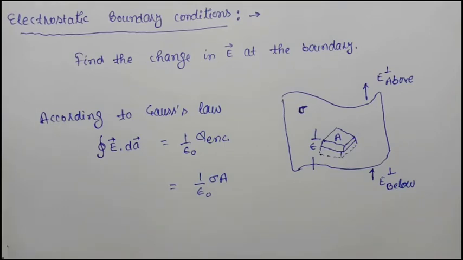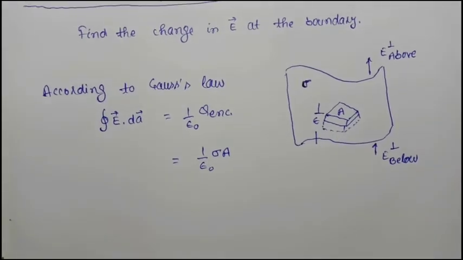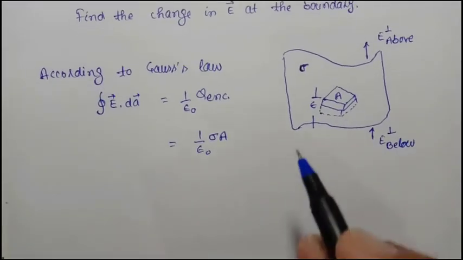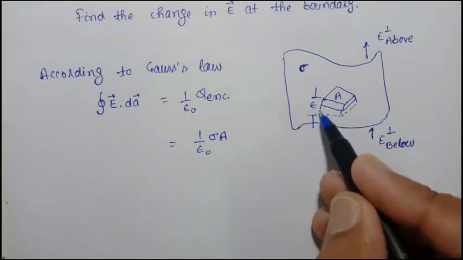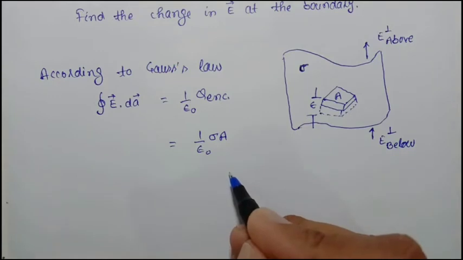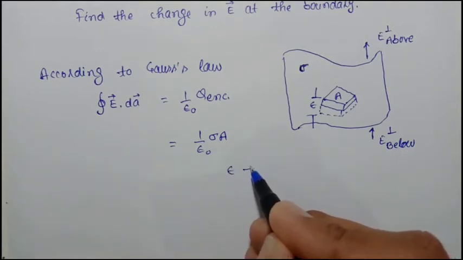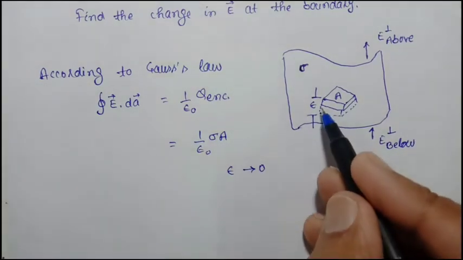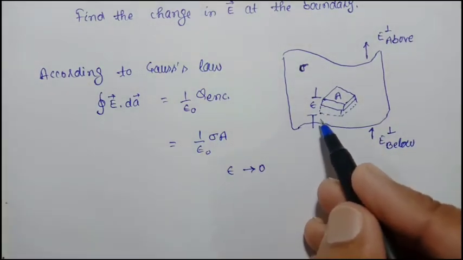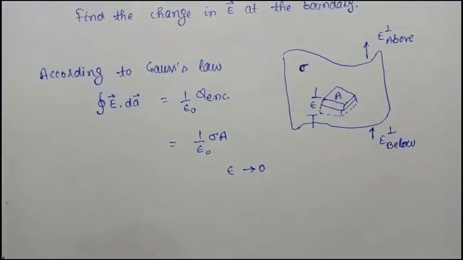Okay, so here the thickness of this pillbox is epsilon. So epsilon approaches 0, that is the thickness or sides of the pillbox will not contribute to the total flux because this approaches 0.